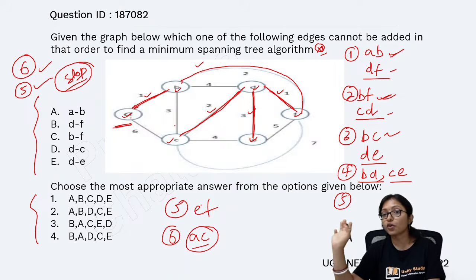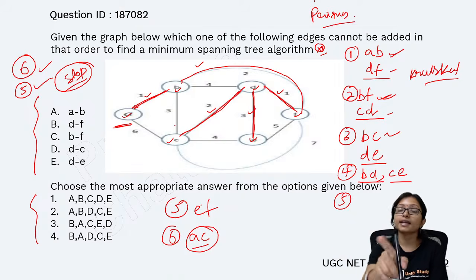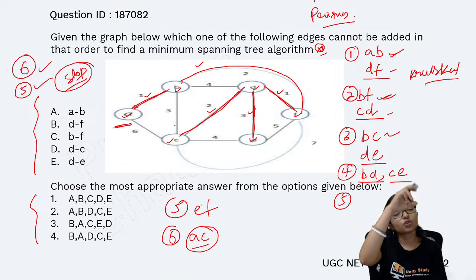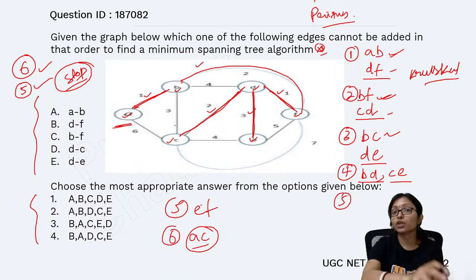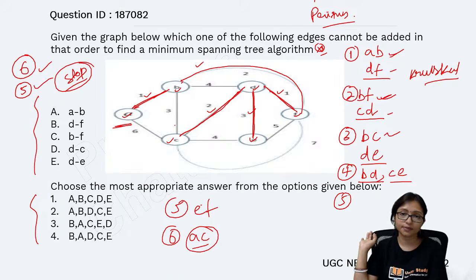You cannot go for any disconnected one. That is the main difference between Prim's and Kruskal's. In Prim's you need to go only for the connected adjacent edges. Out of the adjacent edges, you need to pick the one which is minimum. That will be the answer.